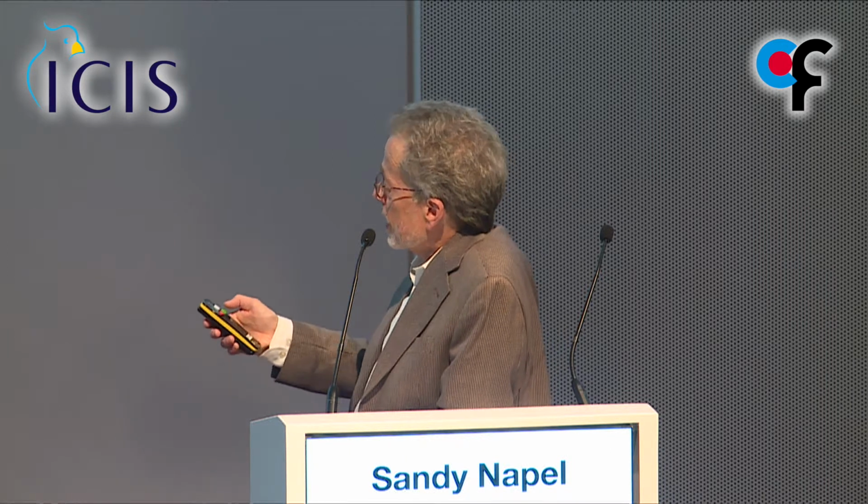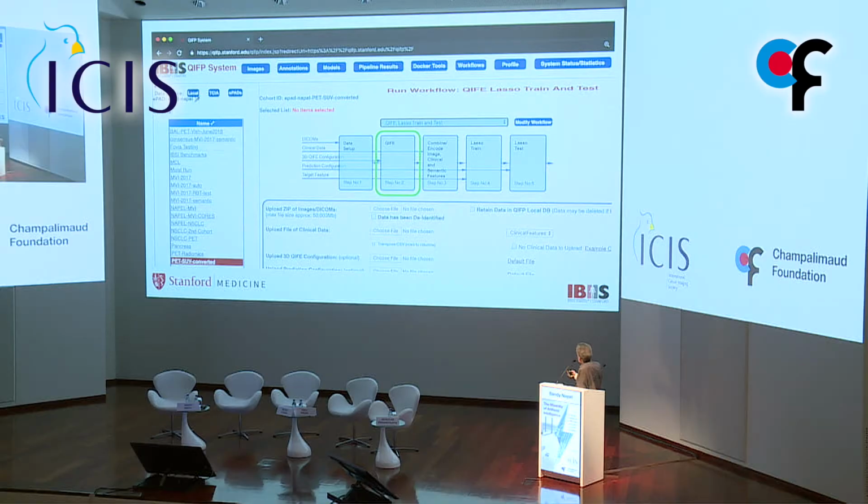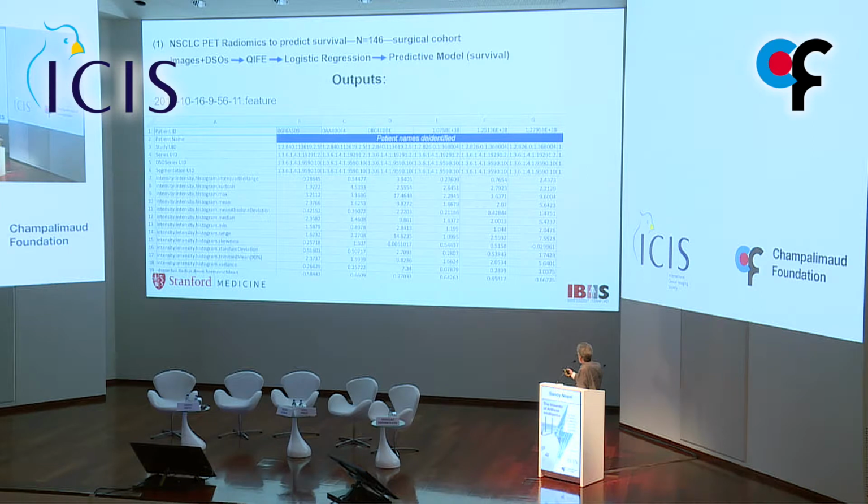So just an example of what some of the outputs are. From the quantitative image feature engine, or from Radiomics, which I won't show. Here's from the quantitative image feature engine. You get this huge spreadsheet, image features in rows, patients in columns, and the first few here you can see are intensity features, so some histogram features.